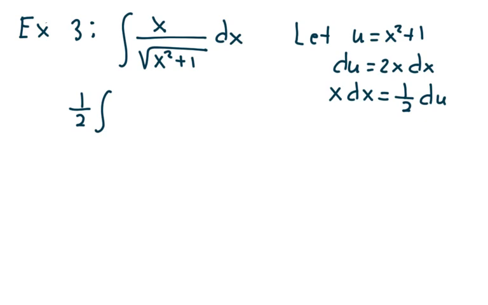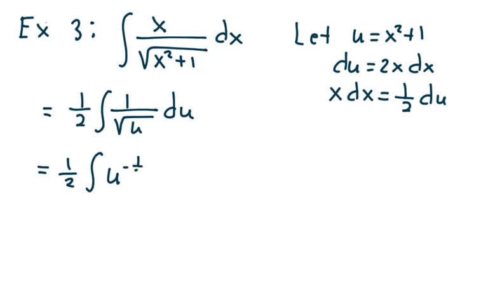But if your instructor said, solve this integral by trigonometric substitution, you need to use trig functions, okay? And so here you get 1/2 the integral of 1 over the square root of u du, which is equal to 1 over 2 times the integral of u to the negative 1/2 du.